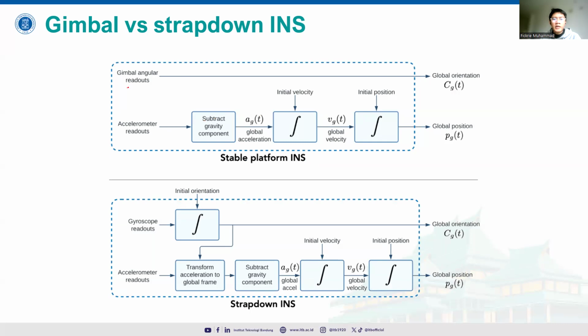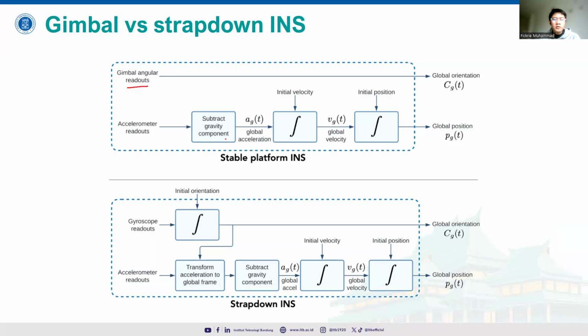And this gimbal angular readout will directly show the global orientations, because it basically compensates all the movement of the body, so the attitude of the body can basically be ignored because it's already been stabilized by the gimbal. But of course, from the accelerometer's readout, we'll subtract the gravity component.